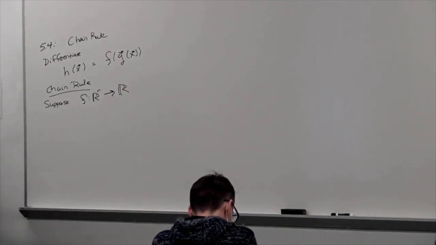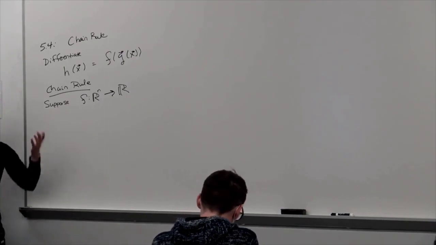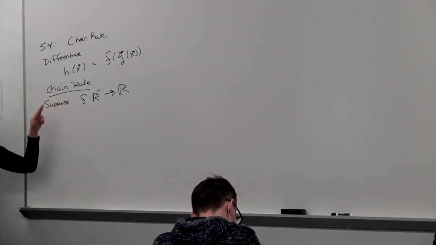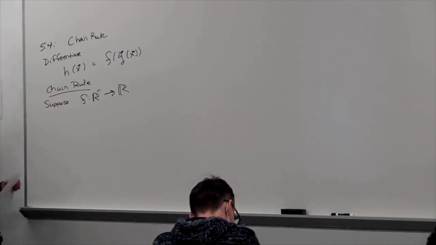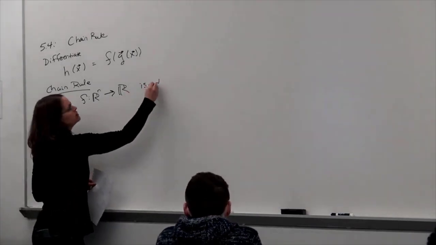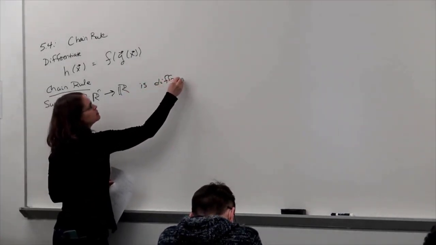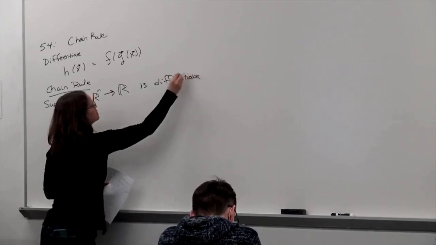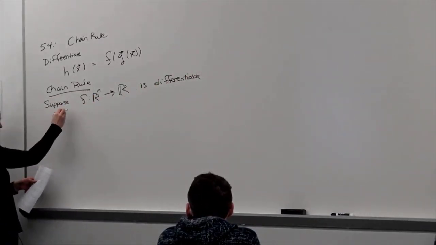If we have any hope of building a chain rule here, obviously this function itself should be differentiable at the point that we're interested in. So we're going to say this is differentiable at the point.